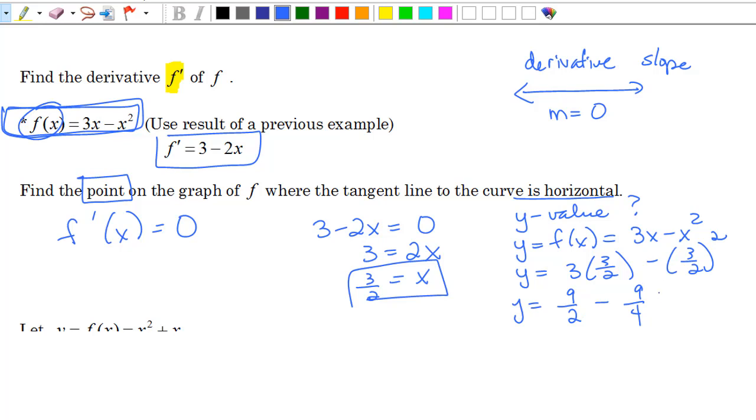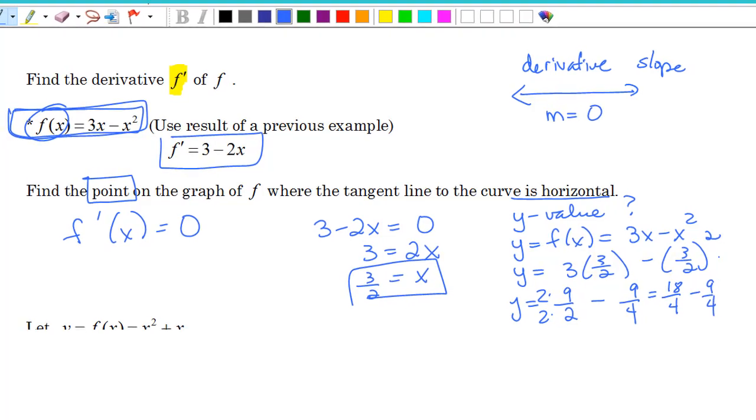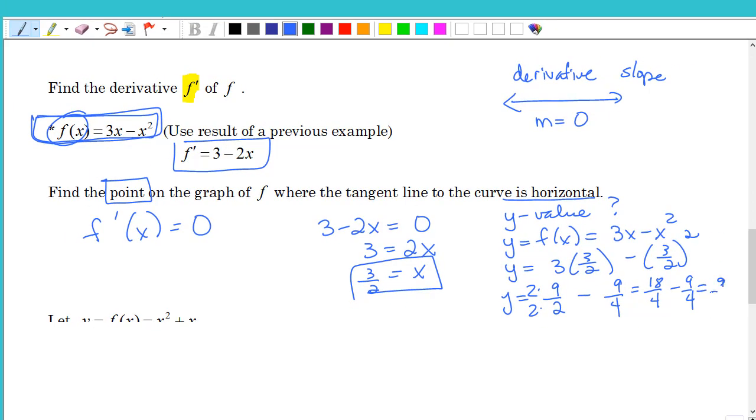Finding a common denominator, if I multiply this times 2 and that by 2, I'd have 18/4 minus 9/4, which is 9/4. Sorry, I didn't leave myself a lot of room. So the answer would be when x is 3/2, y is 9/4, and that's the point on the graph where the tangent line is horizontal.